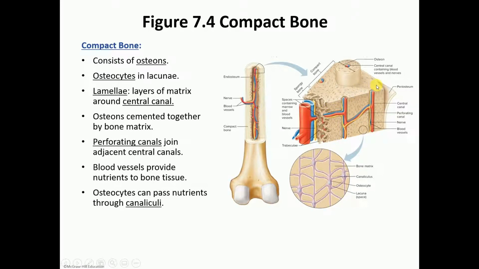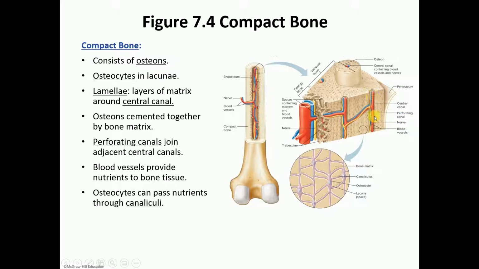Now, the compact bone still needs oxygen. Okay, remember, bone is a living tissue, so these osteocytes need oxygen. How is it that oxygen that is found in the blood right here will reach all of these cells? Well, blood vessels are going to invade the compact bone through these little tunnels, and these tunnels are known as perforating canals.